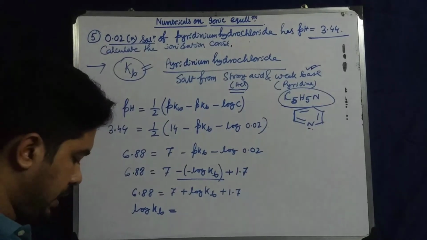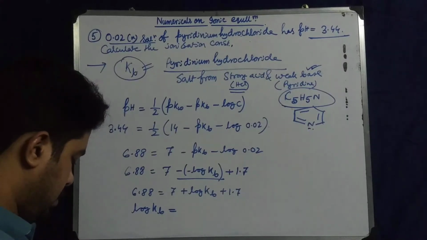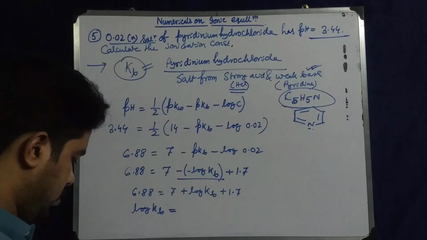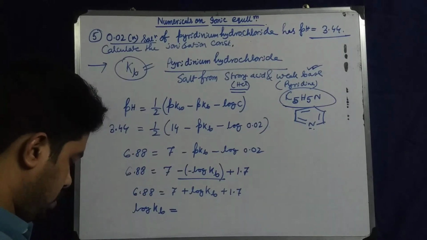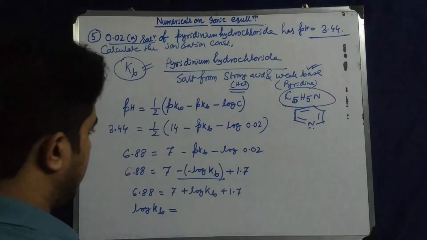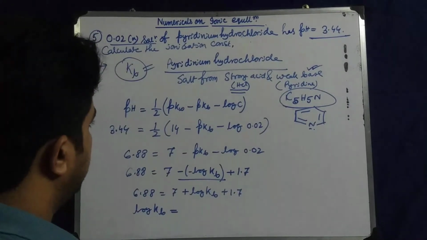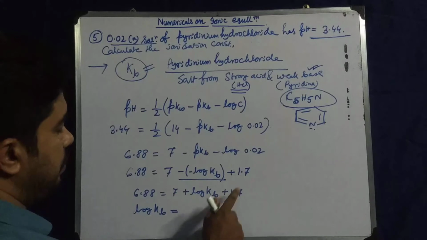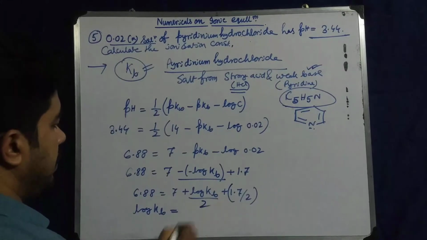Let me calculate it once again. Minus log 0.02 equals 1.7. Yes, it is correct. Then for log Kb, it should be half of 14, and we must keep the half over there, no? It should be pKb by 2.